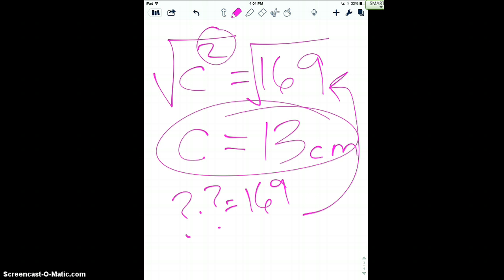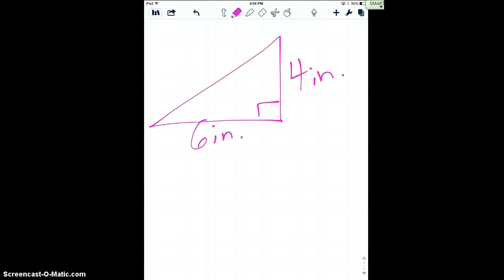Now let's try one that's not as simple. Well, let's just try it. Let's say here is my right triangle, and I give you this is 4 inches, and this is 6 inches. And I want to know the length of this hypotenuse. And you're like, okay, this isn't so bad, Miss Everly.